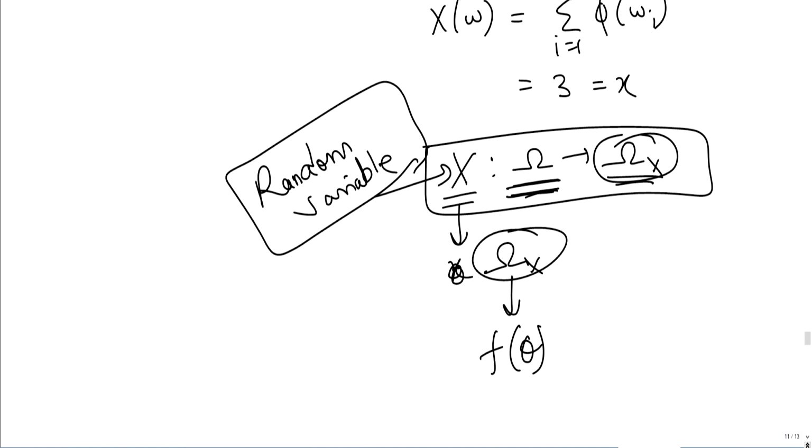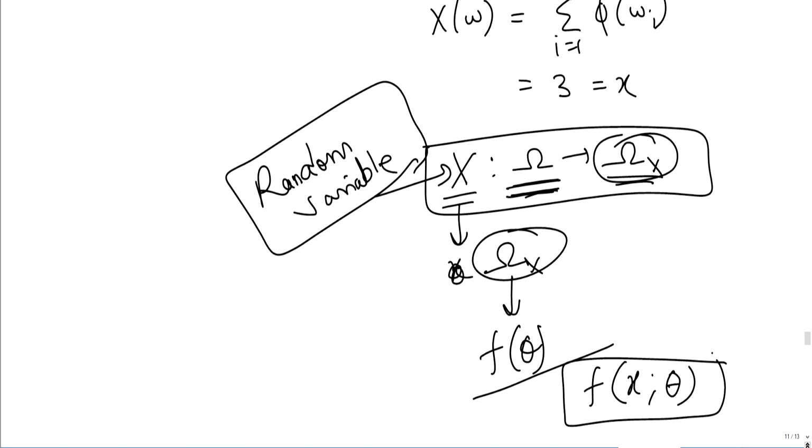That is why you will see that the probability assigner functions are written like this, f of x theta. So, rather than omega we write x, because we are always defining it on the values of some random variable X.